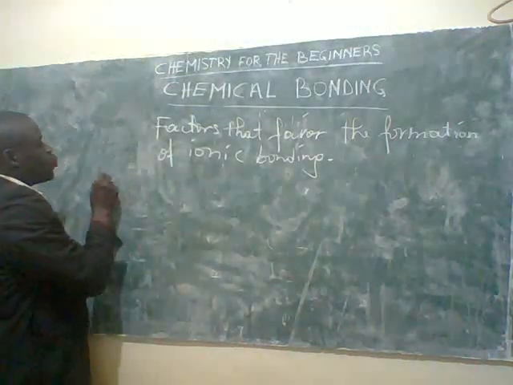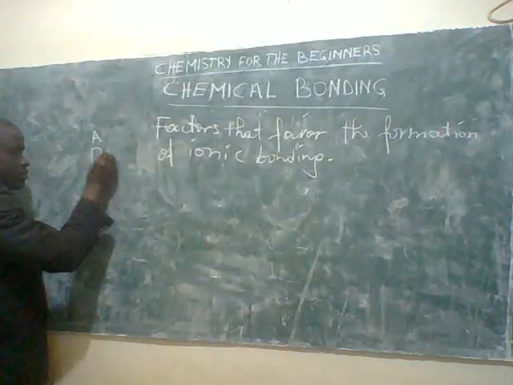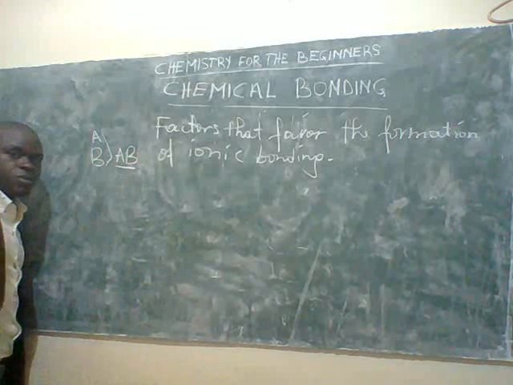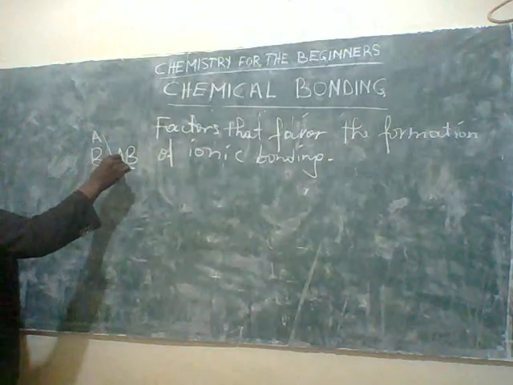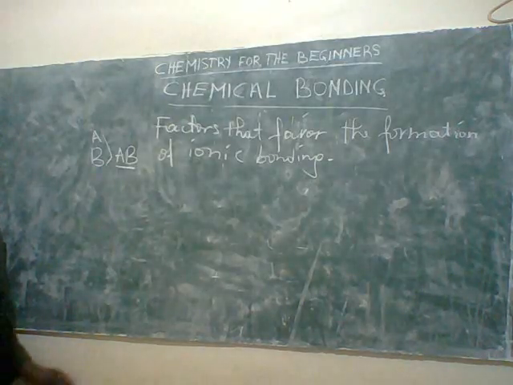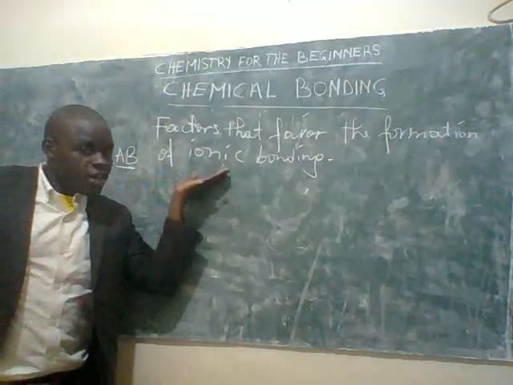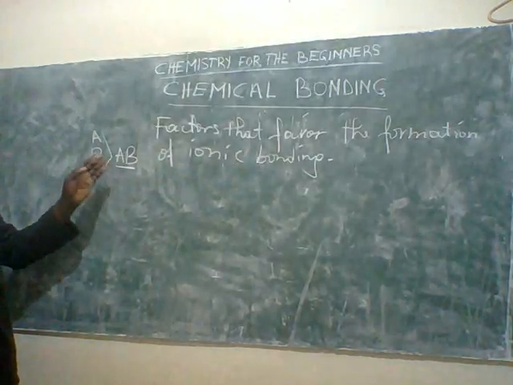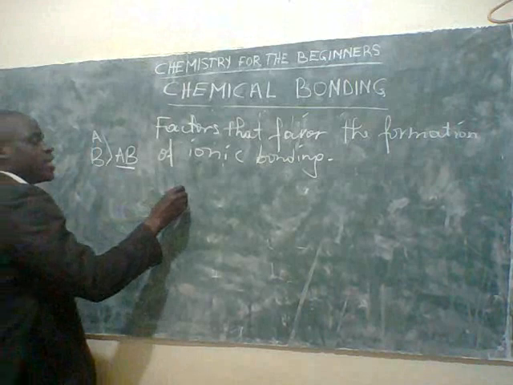For example, there are two atoms, atom A and atom B. When atom A and atom B are combined to form a compound AB, to know that they are combined with ionic bonding, we will see if one of them has the lowest ionization energy.